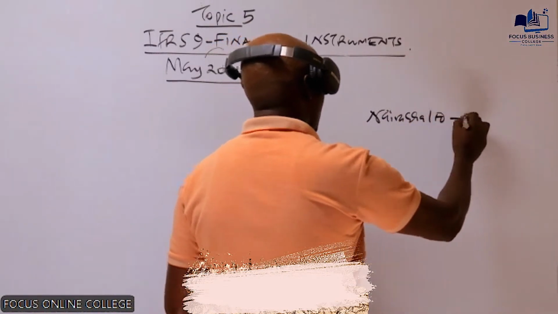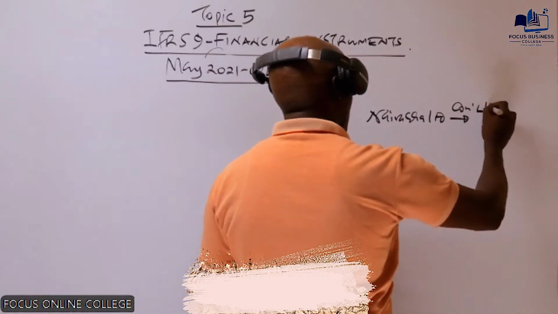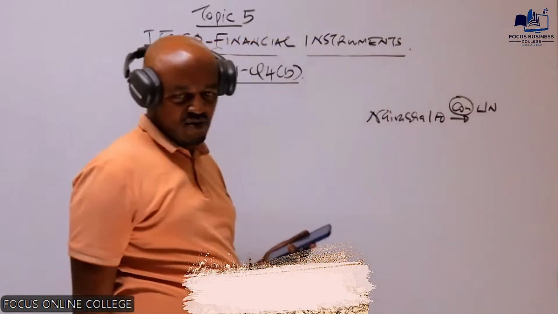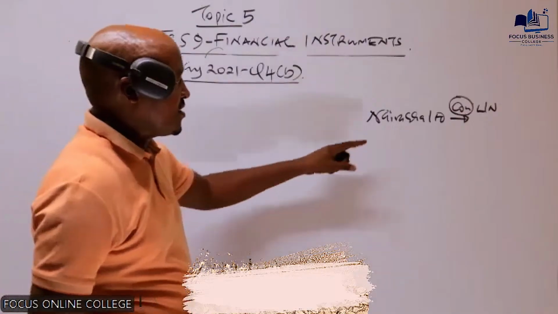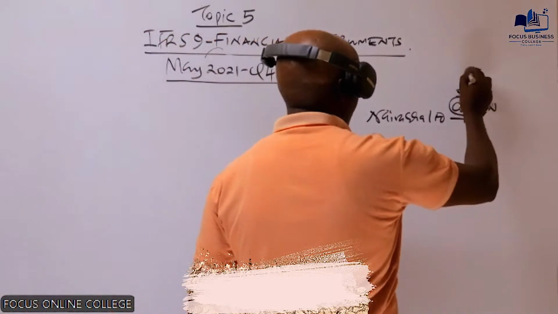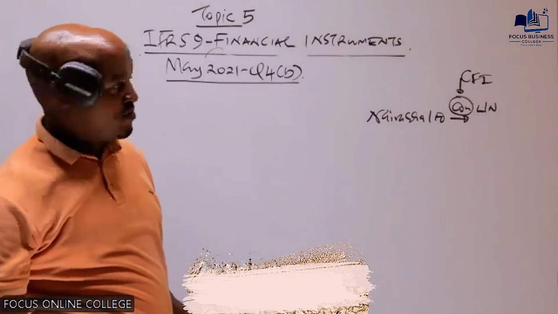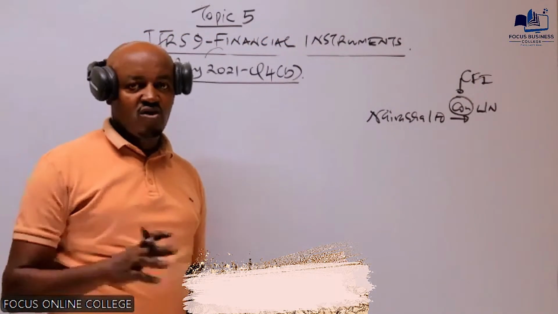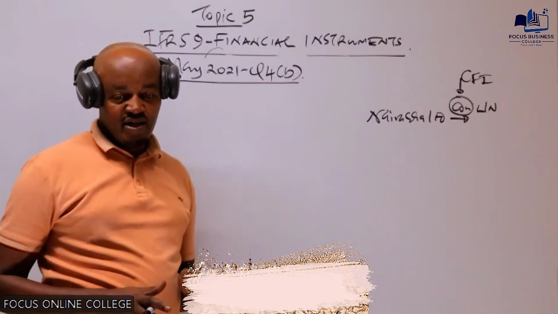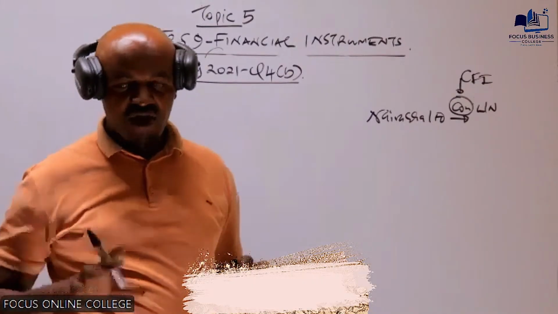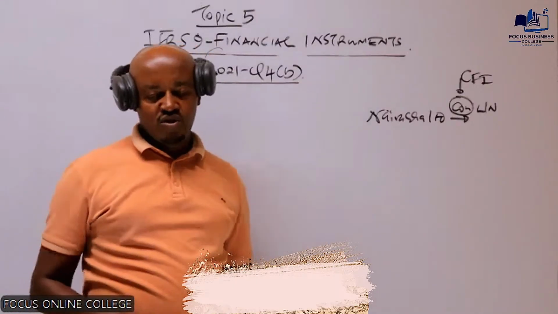Anytime you see the word convertible, what you need to remember very fast is that this is a compound financial instrument, a CFI. All convertible debt instruments contain both equity and liability components. Therefore, on the date they were issued, our company was supposed to split the equity component and the liability component.